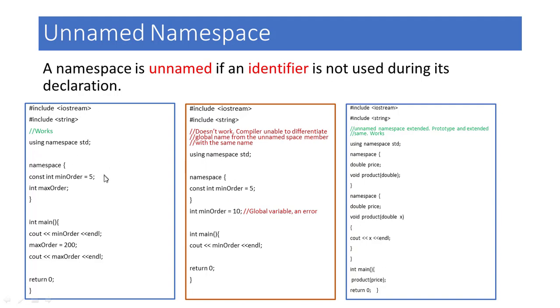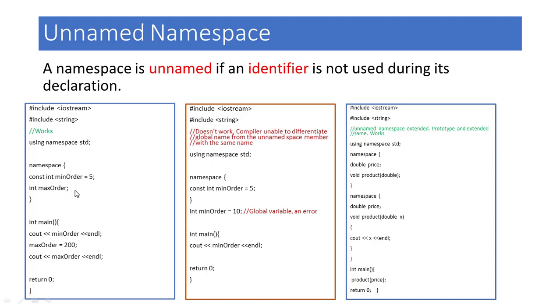Let's begin with this one here. Include iostream, include string. This one works because here we say using namespace std. Now we say here namespace, const int main_order equals 5.